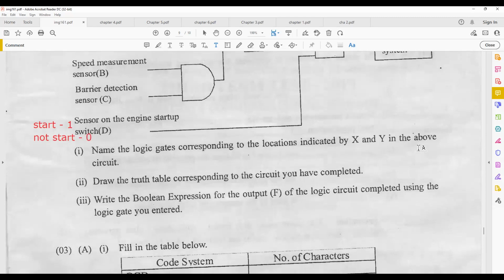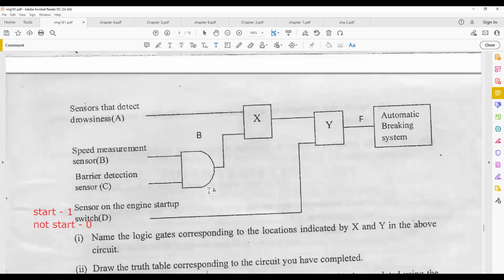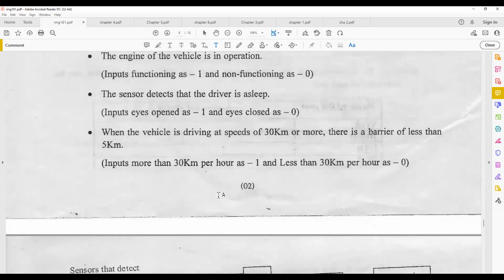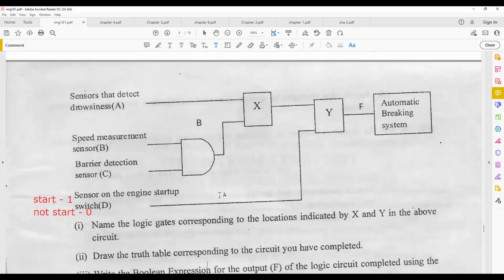Right, so that's then barrier detection. Yes, 30 kilometers per hour or more, we have 1.